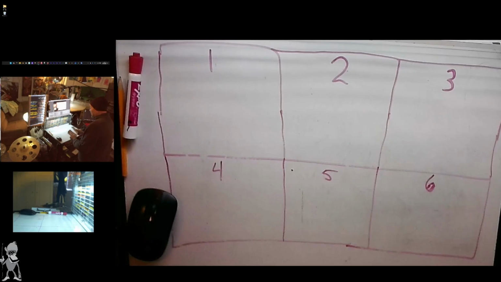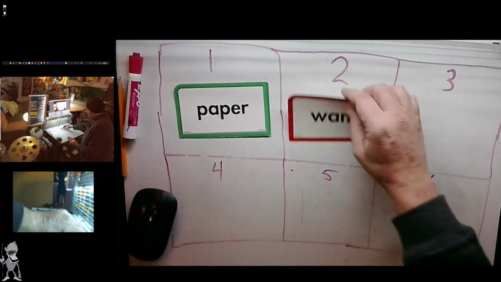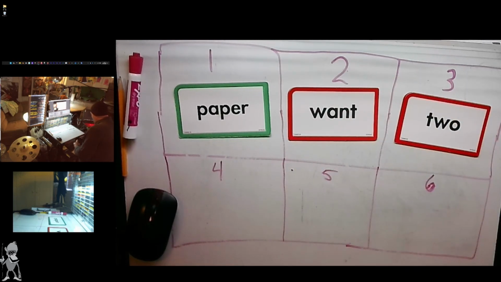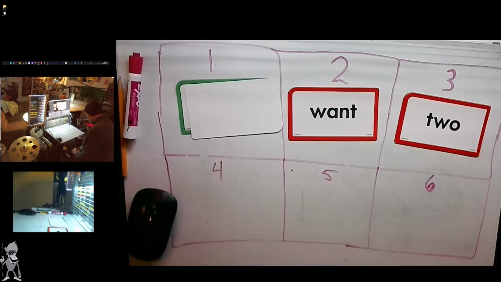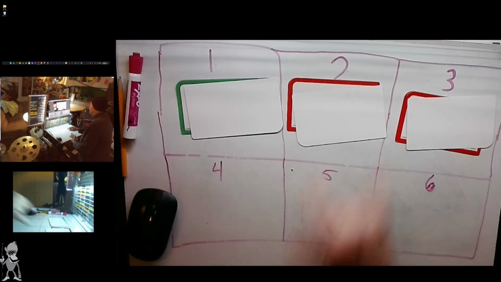All right. So what I would do is I would lay down cards and I would go through and cover them up. All right. And I will make sure that the words of the day, "to" and "want," pop up regularly.